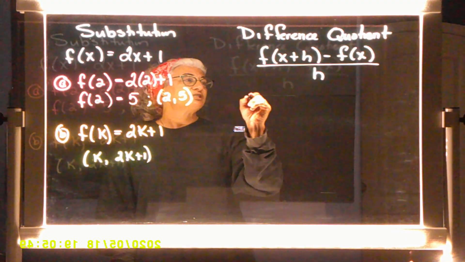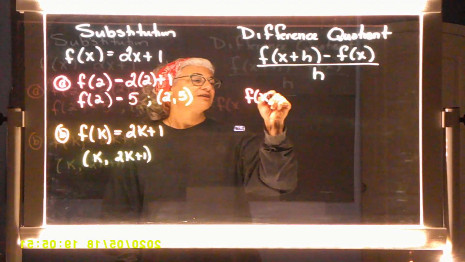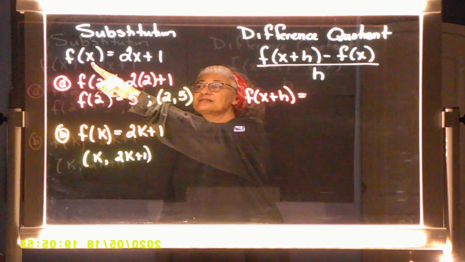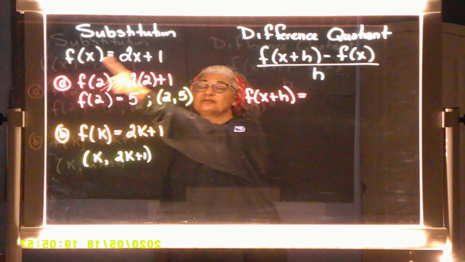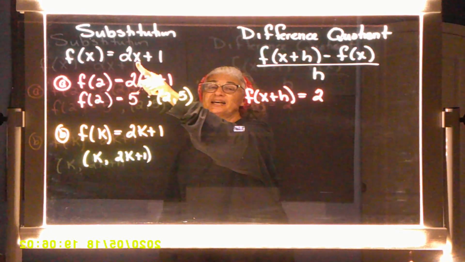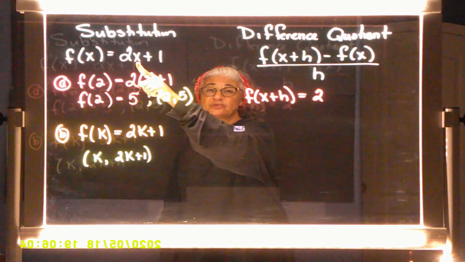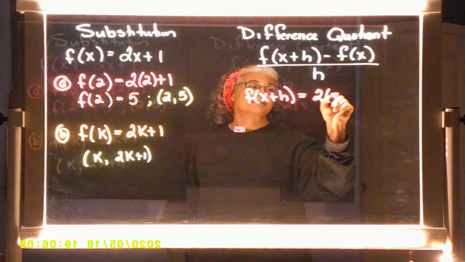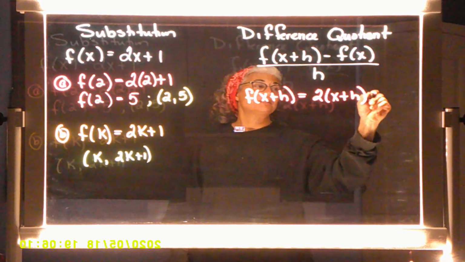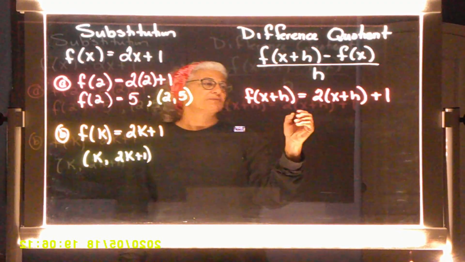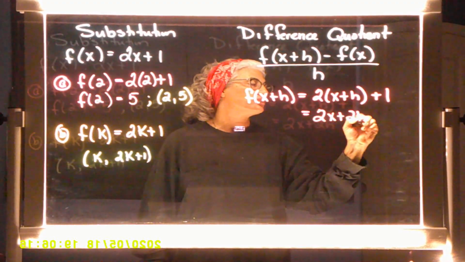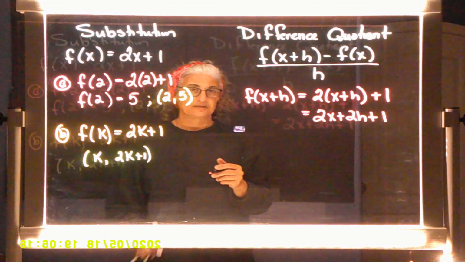First things first, you need to find f of x plus h, which means instead of x, I now have x plus h. So instead of saying 2 times x, you will now say 2 times, that's right, x plus h. Plus the 1 still at the end, right? Okay, which means this is equal to 2x plus 2h plus 1, isn't it?